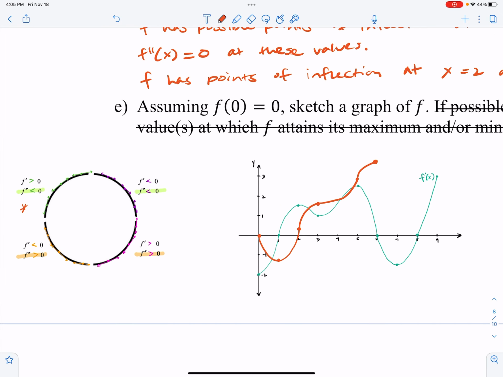And then 6 to 7, f prime would be negative, and f double prime would also be negative because f prime is decreasing. So that would be this top right section. We'll curve down.